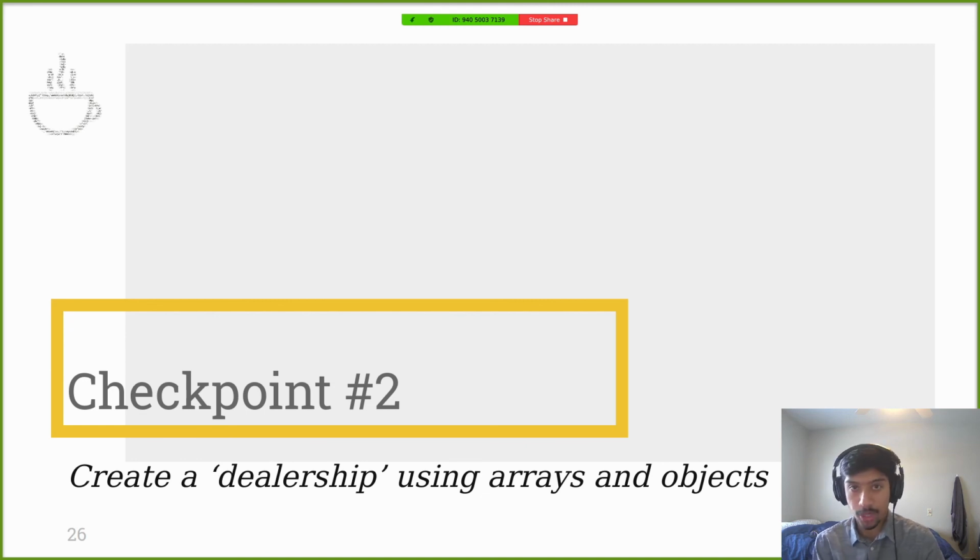Your car can have properties like price, model, manufacturer, color, date, features, whatever you want. Then try to print out the entire dealership to the screen. It doesn't have to be pretty or work very well. Just try to practice writing arrays and objects.